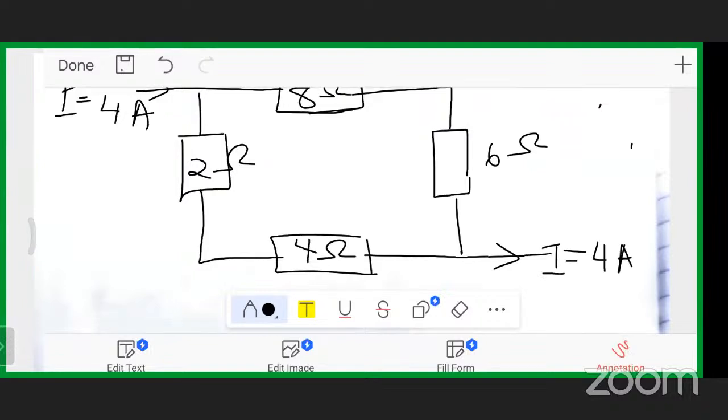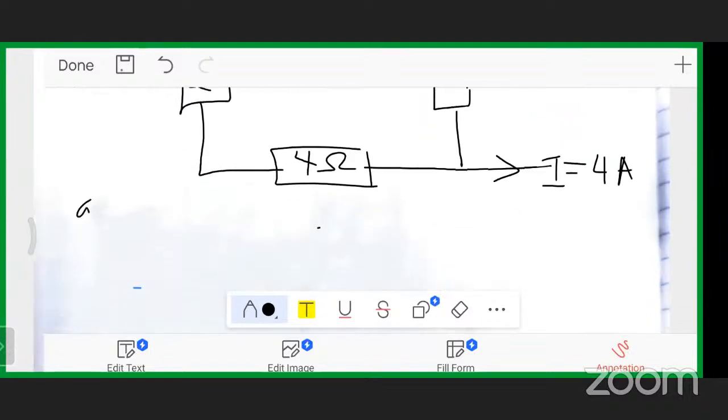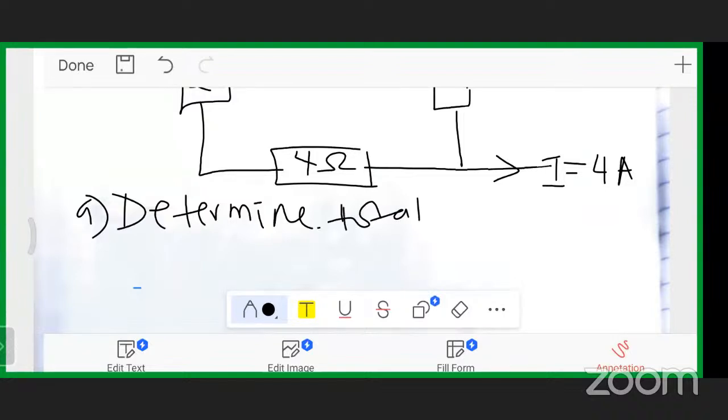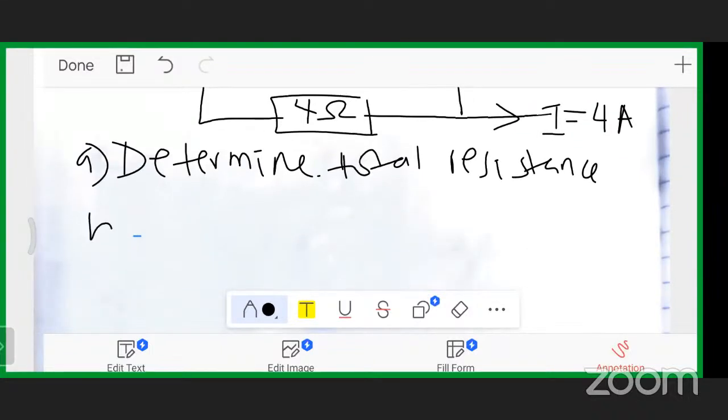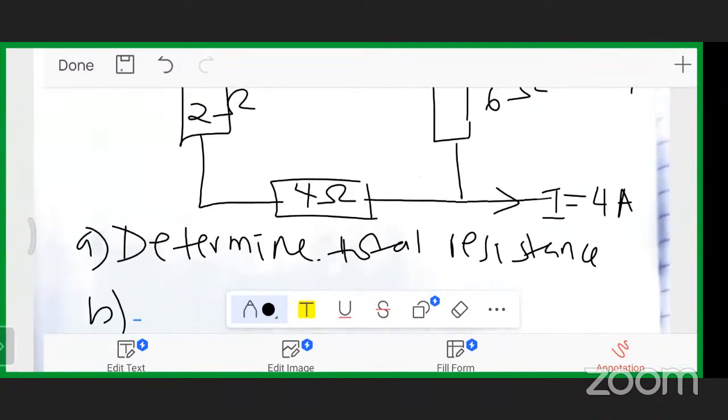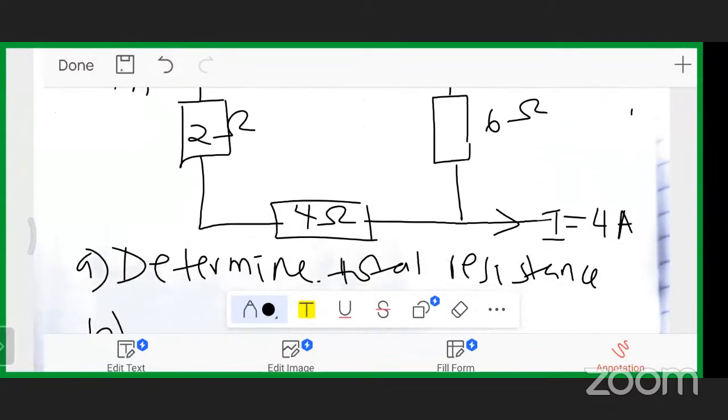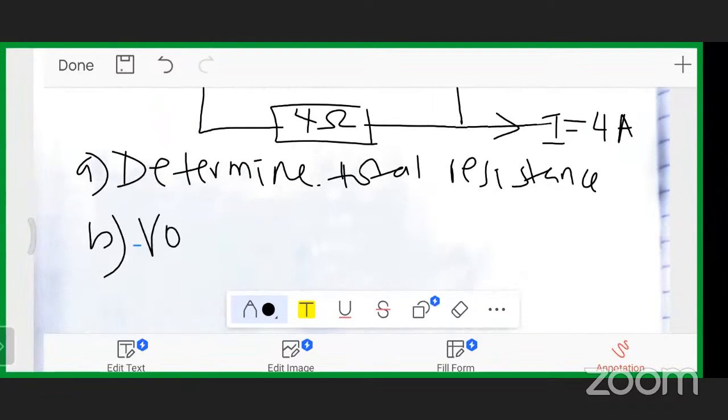So the first question is to find, or determine, the total resistance or the effective resistance in the circuit. Total resistance. Then part B, the voltage drop across the 8 ohm resistor.